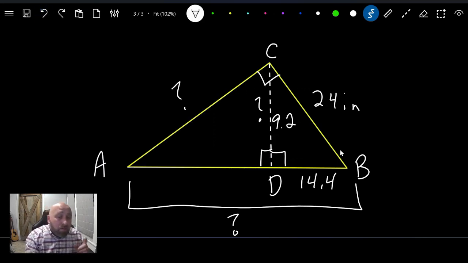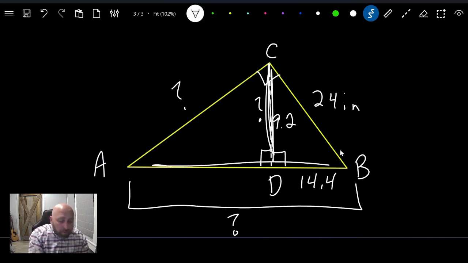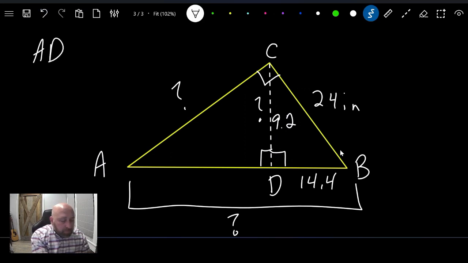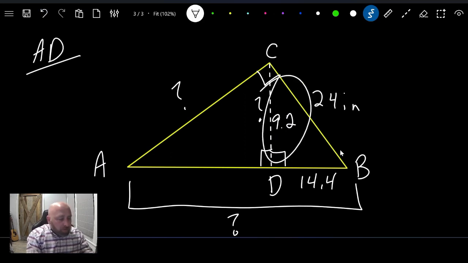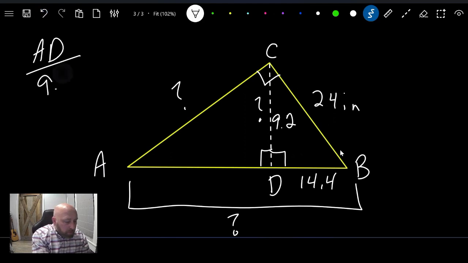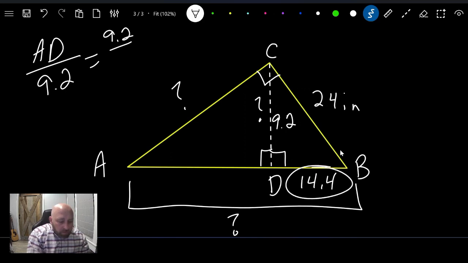So now I need to use a mean proportional. Remember, this is a mean proportional with a couple different things. We can find this mean proportional with, remember, it's a mean proportional of this right here. So in other words, I'm going to give you just a little bit, but you could do AD over our mean proportional, which is 9.2, equals 9.2 over the other piece of the hypotenuse there, which is 14.4.